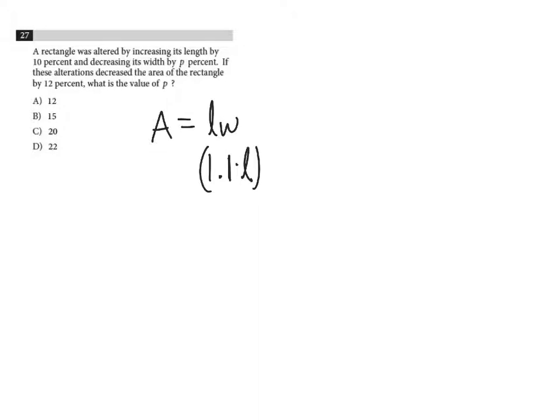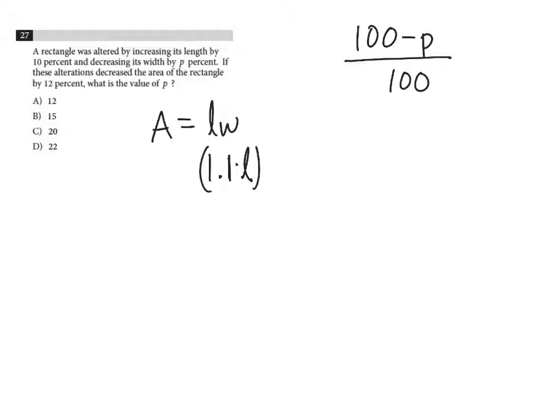And we know we decrease the width by p%. Well, if we decreased by p%, that's really going to be 100 minus p. That gives you the percent. But then we need to convert it into a decimal, so we need to divide by 100.